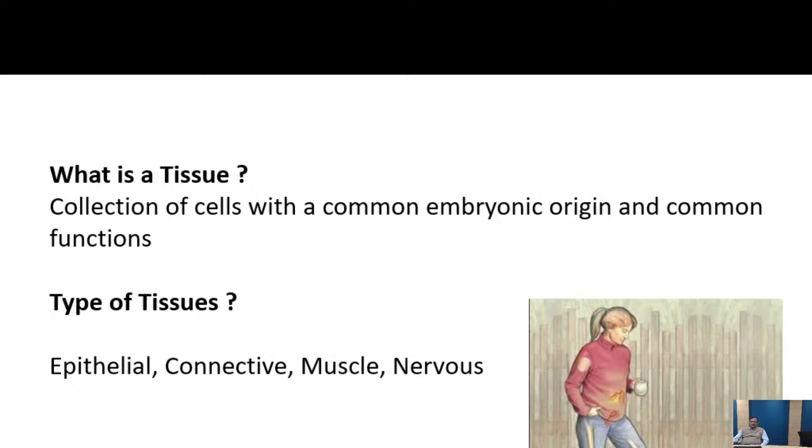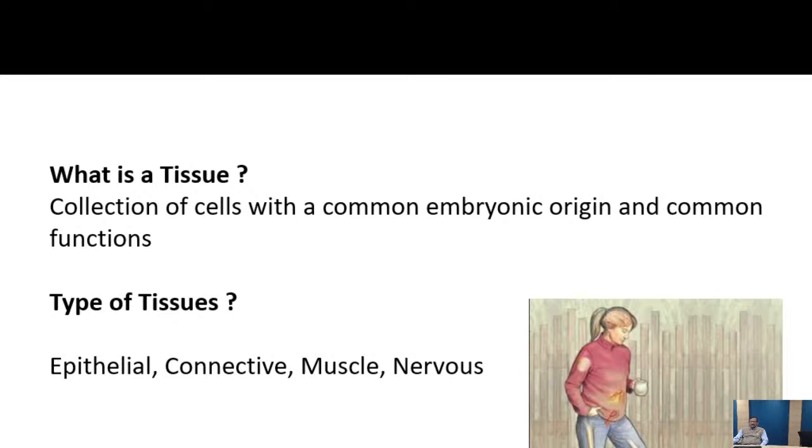So when we look at the human body, we see the skin, we see the hair, we see the eyes, the limbs, etc. And we often wonder what is a tissue. When we analyze the definition, a tissue is a collection of cells with a common embryonic origin and common functions.